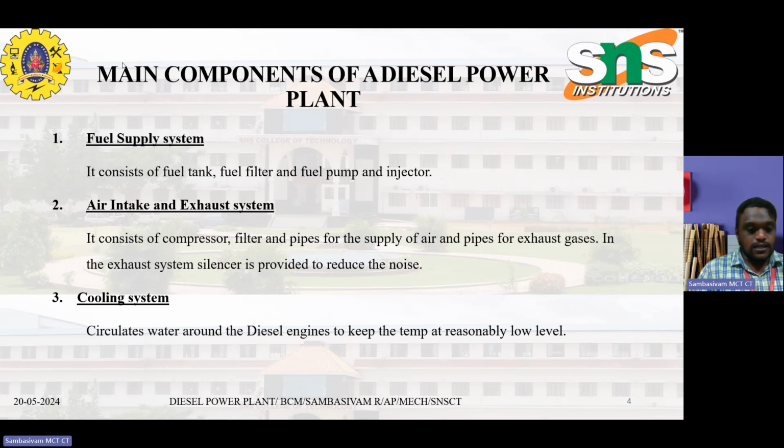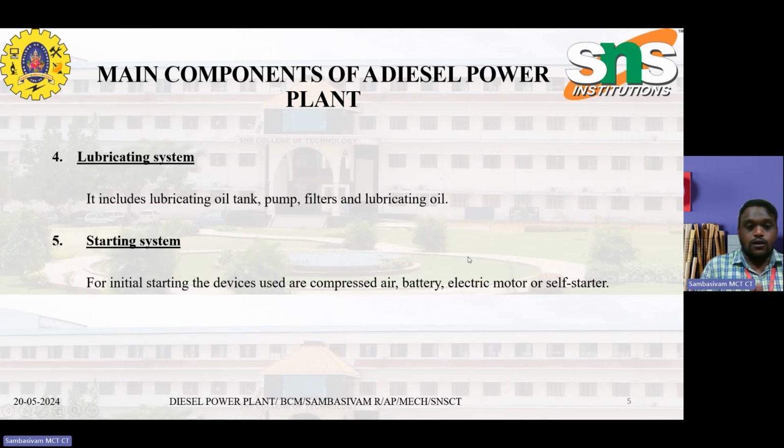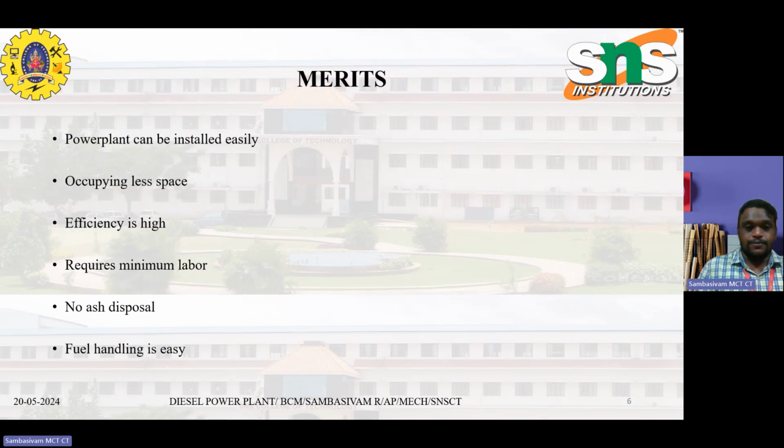The cooling system circulates water around the diesel engine to keep the temperature reasonably low. The lubrication system includes lubricating oil, a pump, and filters. The starting system uses compressed air, a battery, an electric motor or a self starter.